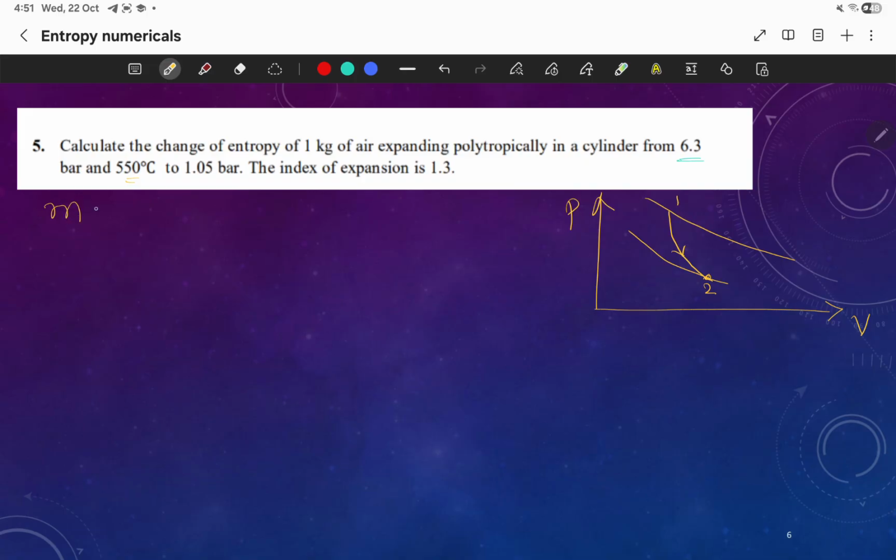Mass is 1 kg, and this is the initial pressure P1, this is P2. 1 kg of air is expanding polytropically, expansion is taking place from here. So I hope you can see that volume is increasing. That's why expansion is taking place.